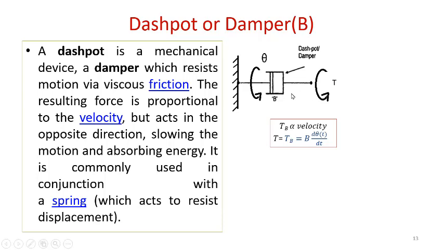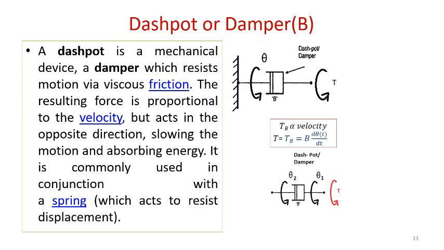So that resistance to the flow will be because of the rate at which the flow is going to occur. Hence it is directly proportional to velocity, which is given mathematically as the applied torque T equal to the reactive torque Tb, that is equal to B into d theta by dt, where theta is the angular displacement.